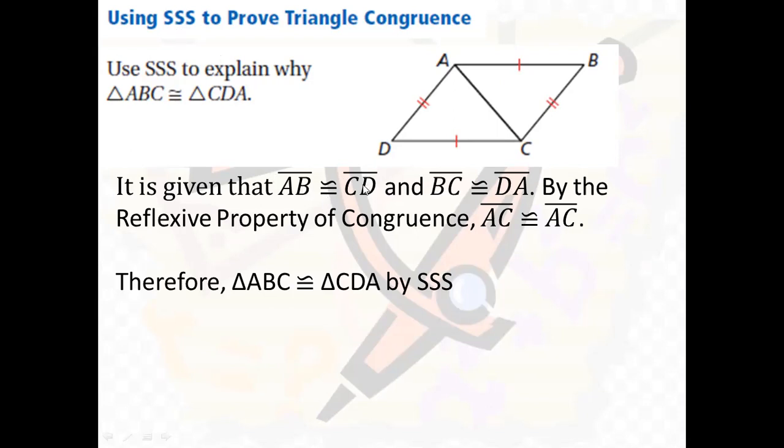So the third side is going to be AC, which says by the reflexive property of congruence, AC is congruent to AC. Therefore, triangle ABC and triangle CDA are congruent by the SSS property. It's easy, you just need to concentrate a bit on the segment order.